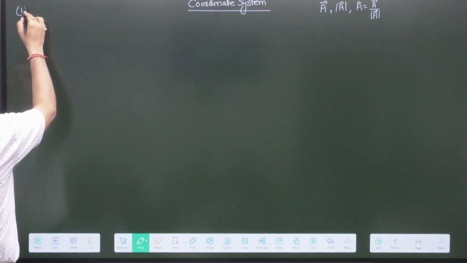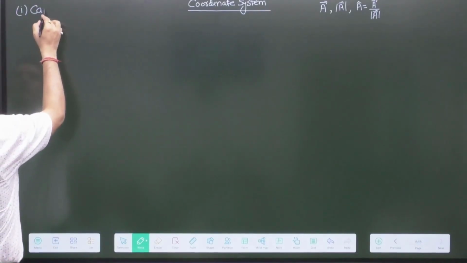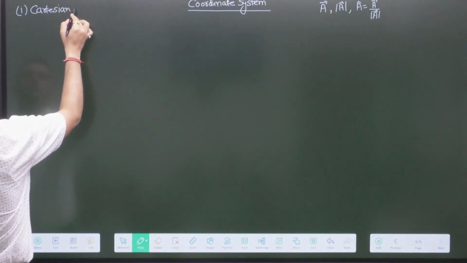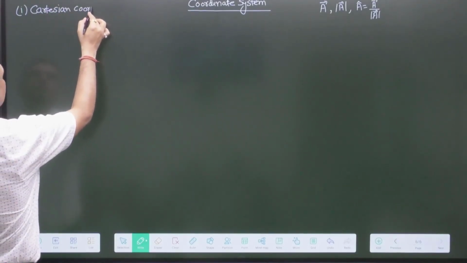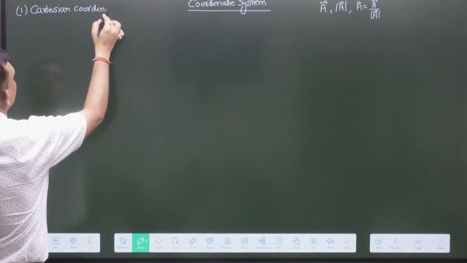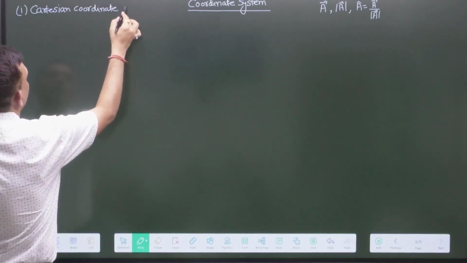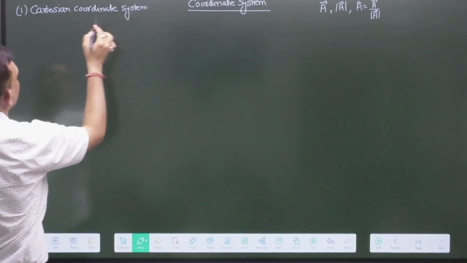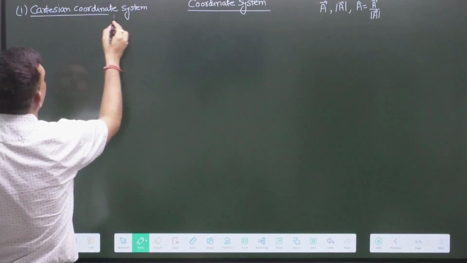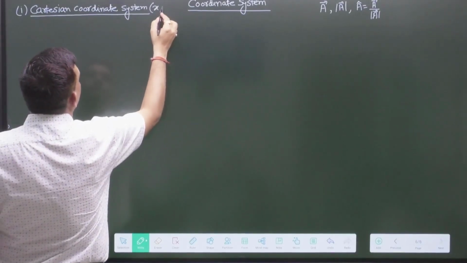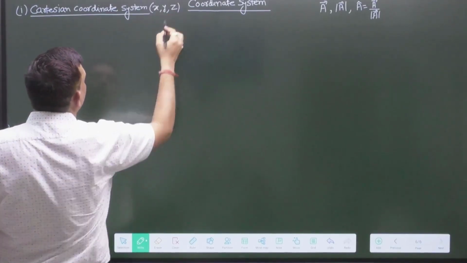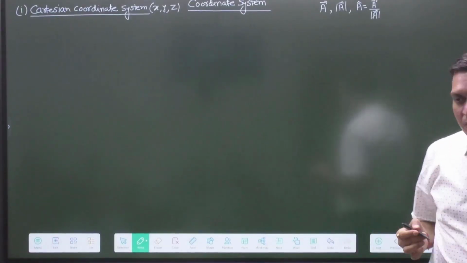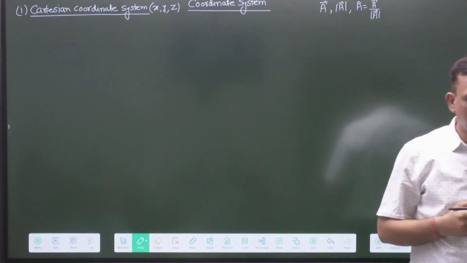We will first see how to represent this vector in a Cartesian coordinate system. Coordinates are x, y, z. So you know about the Cartesian coordinate system.